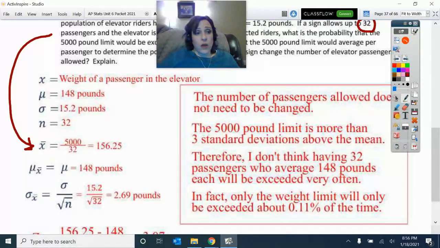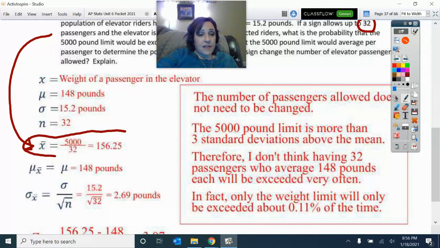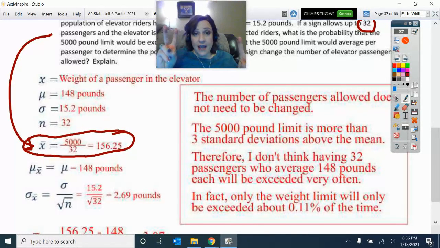We're told that the average weight of a person is 148 pounds with a standard deviation of 15.2. But if 32 people can go in the elevator, then the elevator is allowing 156.25 pounds per person on average.